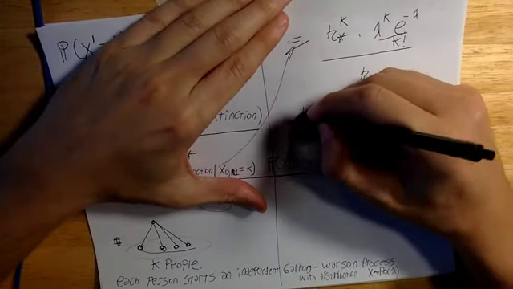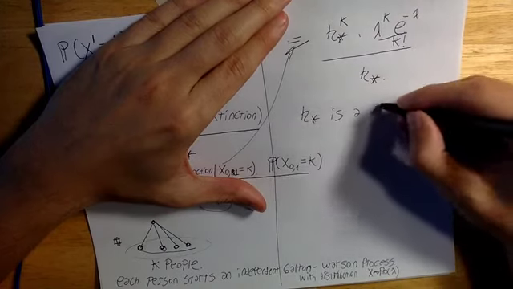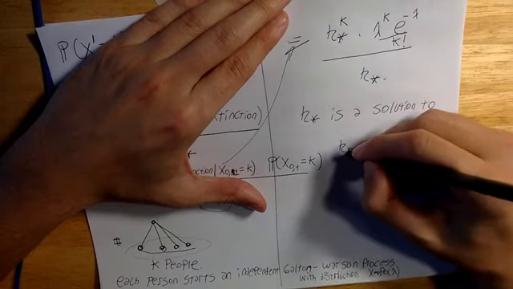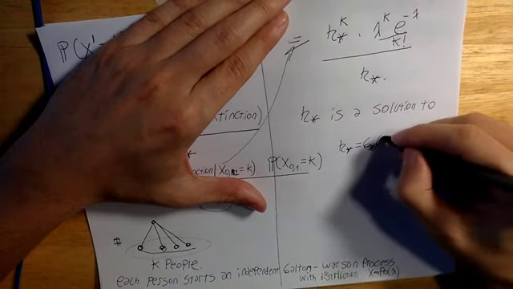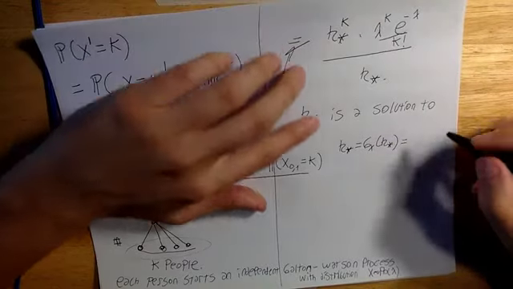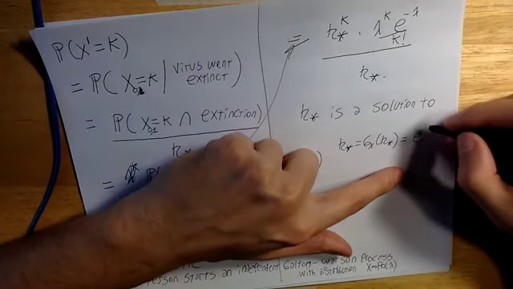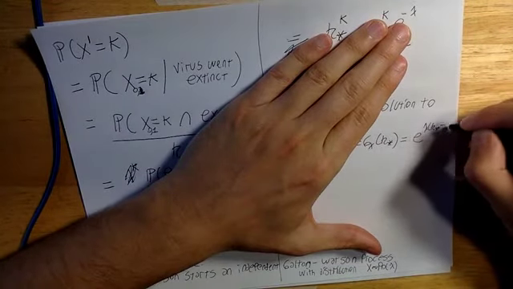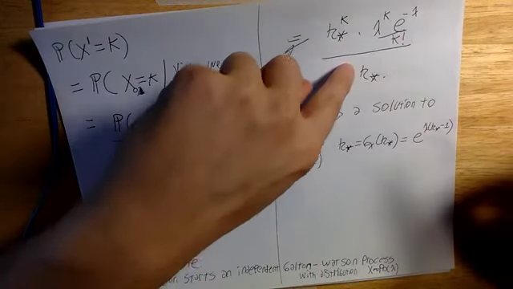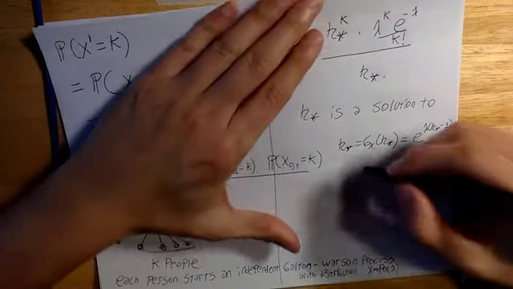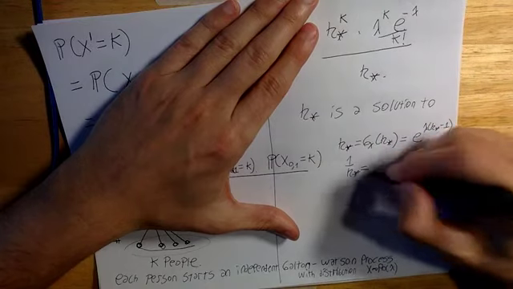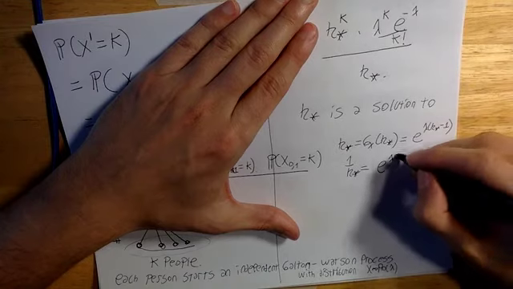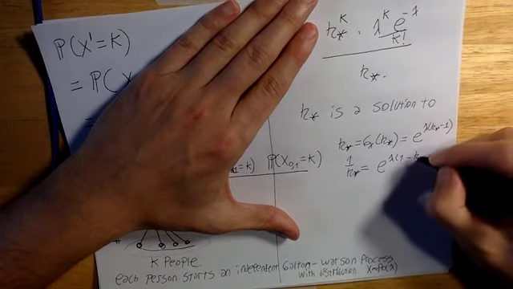So eta star is a solution to eta star equals g_X of eta star, which is equal to the exponential of lambda times eta star minus 1. So 1 over eta star is actually equal to e to the lambda of 1 minus eta star.